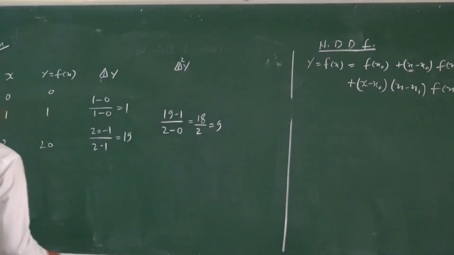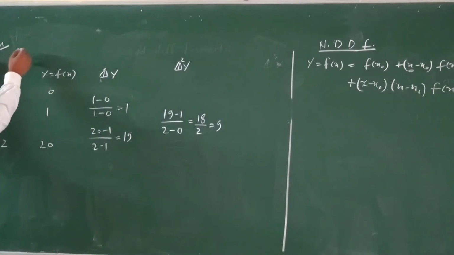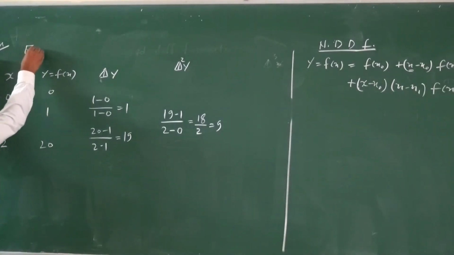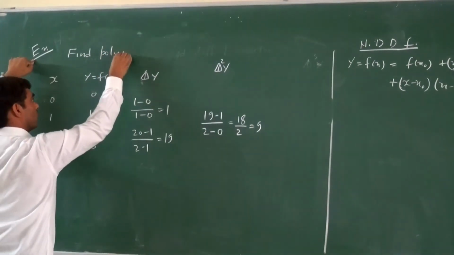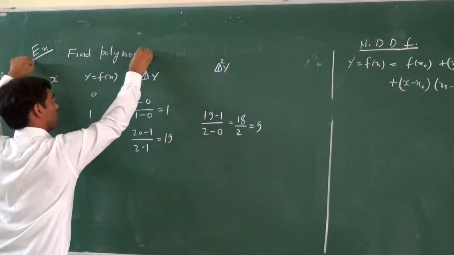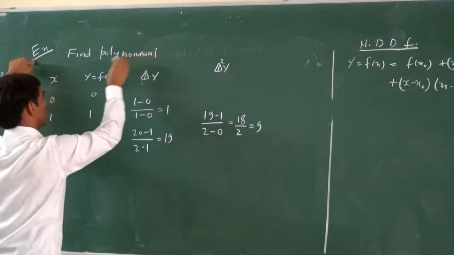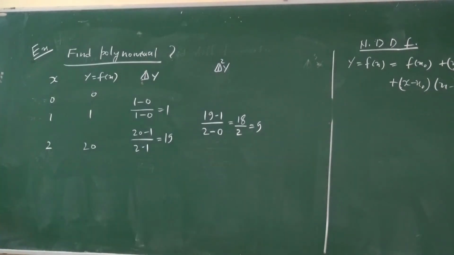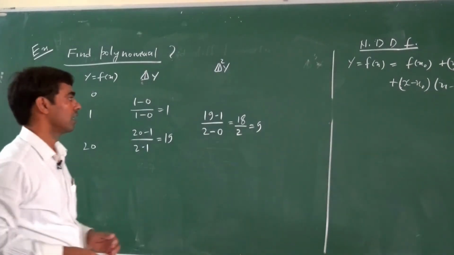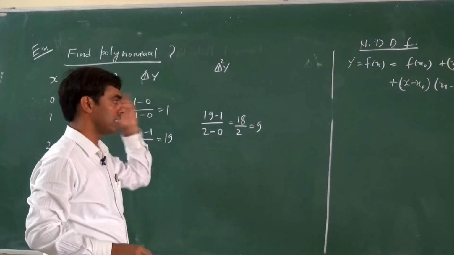So what is the problem? The problem is to find the polynomial that will satisfy the tabular values. Here the second order difference is a constant.